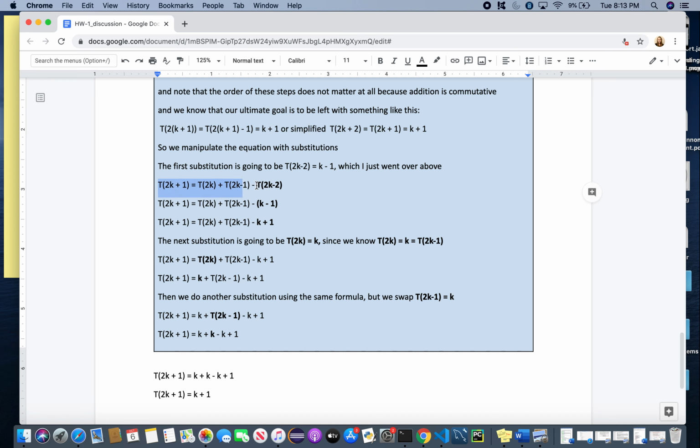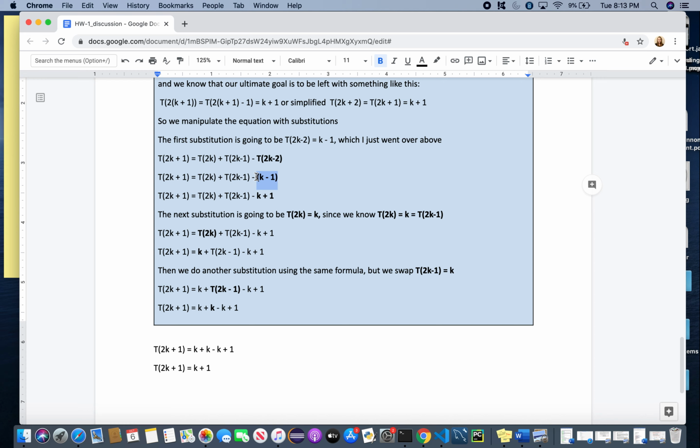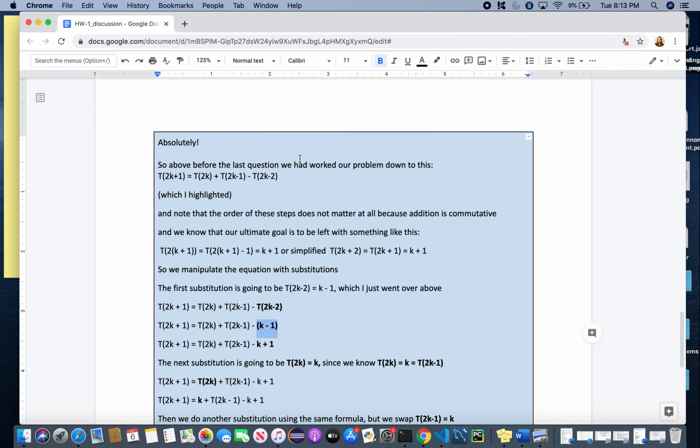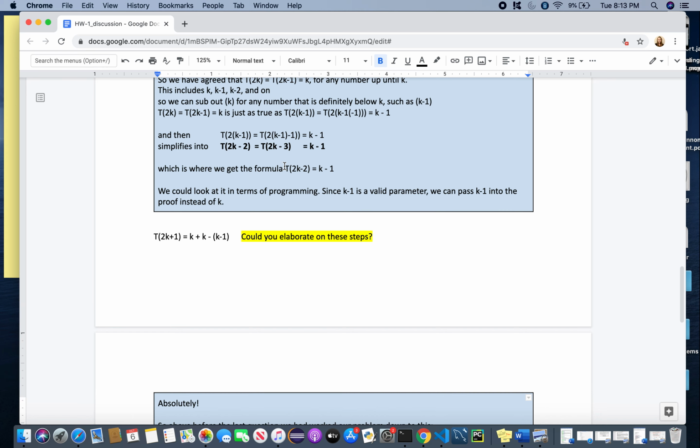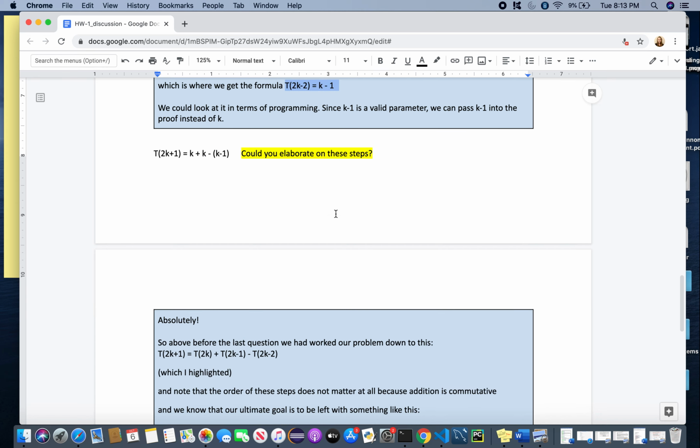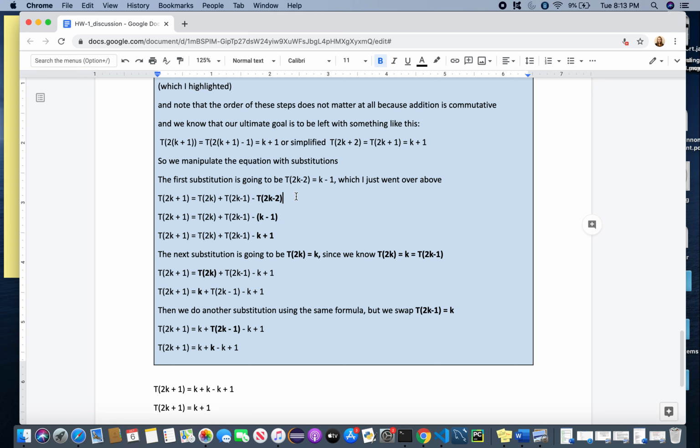The first substitution is the one I just went over, where we take T(2k-2) and sub that out for k minus 1, because right up here we have that, so we can do that.